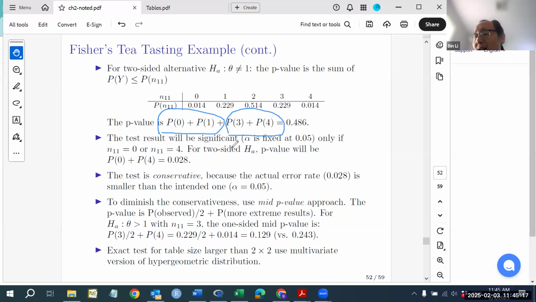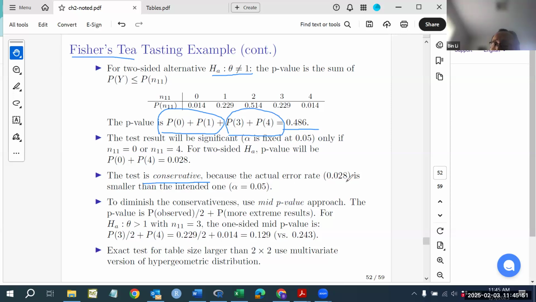Think about it: why? Because of the definition of the p-value. So this is not significant.